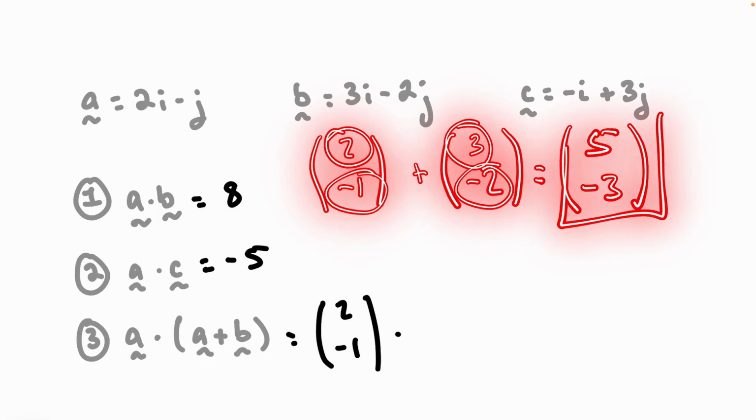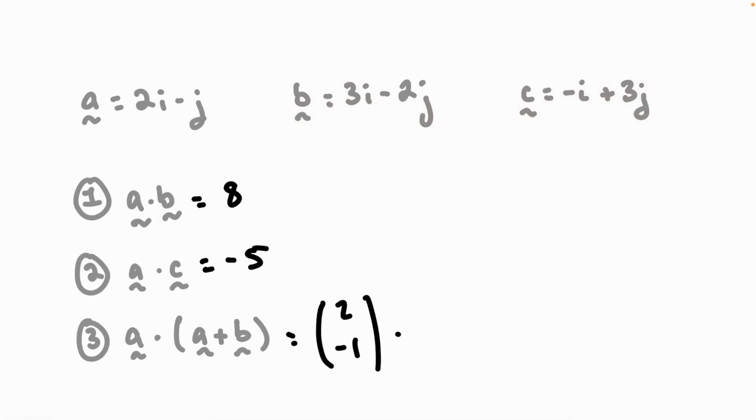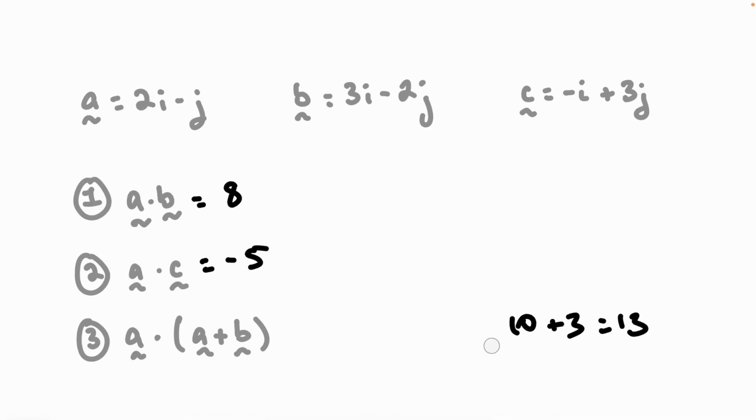So (5, -3) is the vector A plus B. Let us now dot product this. 2 times 5 is 10. -1 times -3 is 3, so plus 3. And this will give us 13. So that is the dot product of all three of these vectors here.